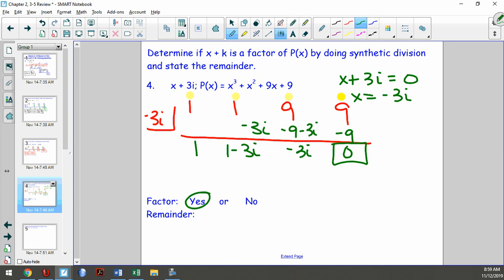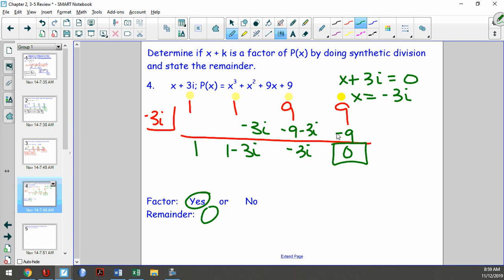And what is the remainder? 0. You 100% will have something like this on the test. On the review sheet, this is just like problems 11 through 13. Do we understand that? If you circle no, just plain and simply give me the remainder, the last number in your synthetic division. Do we all understand that?